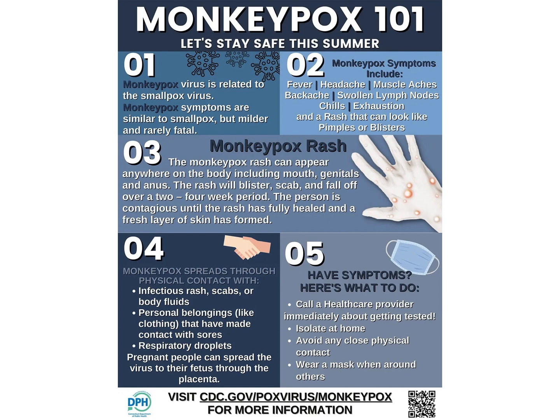The rash will blister, scab, and fall off over a 2 to 4 week period. The person is contagious until the rash has fully healed and a fresh layer of skin has formed. Monkeypox spreads through physical contact with infectious rash, scabs, or body fluids, personal belongings that have made contact with sores, and respiratory droplets. Pregnant people can spread the virus to the fetus through the placenta.